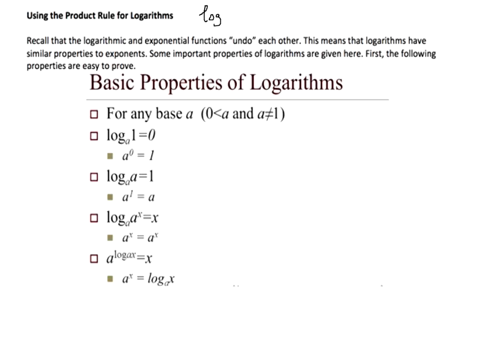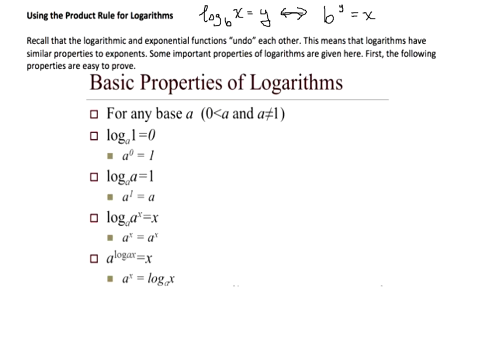Log base b of x is y if and only if, that's a double arrow and that looks awful, sorry, b to the y is x. And if you can put that definition to memory, everything else that has to do with logarithms will really just flow directly from that definition.